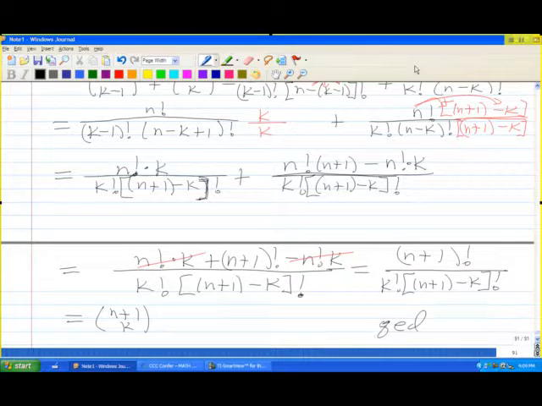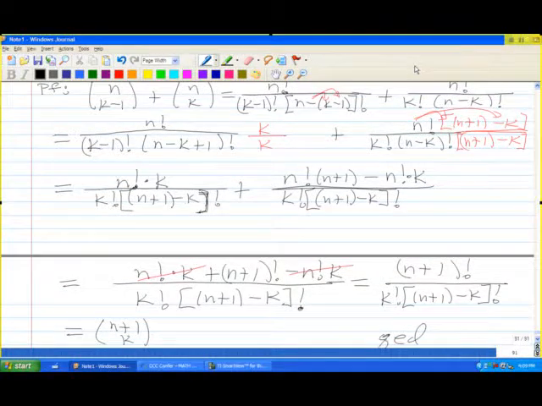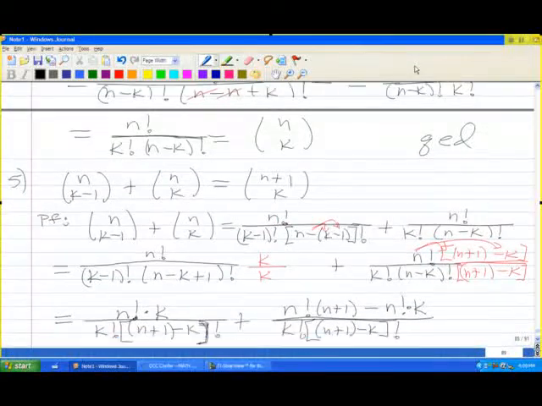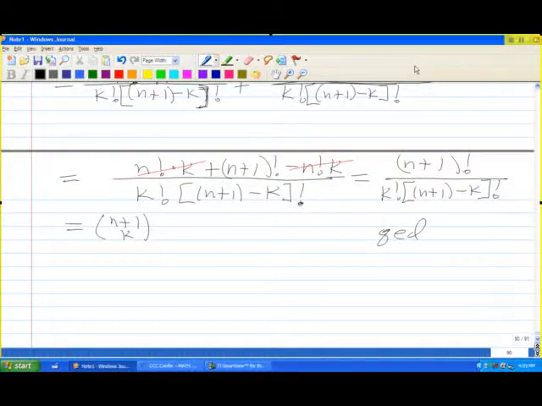Okay, so let's do the next property, which I think is 6. The sum of all of your binomial coefficients is just 2 to the power n.